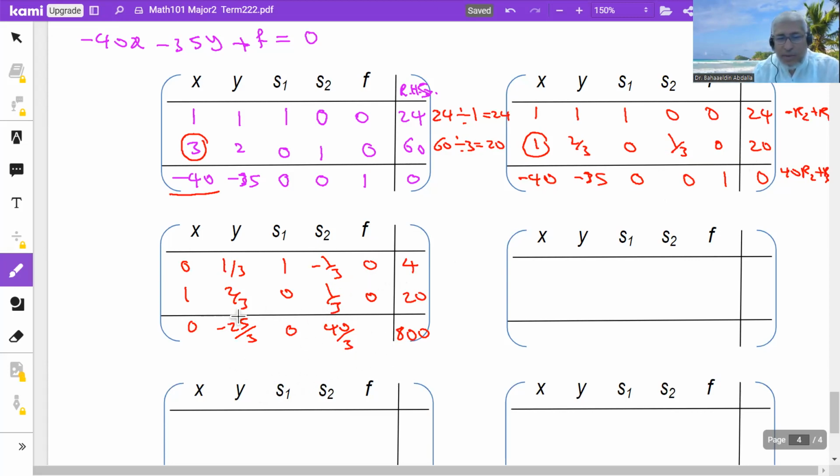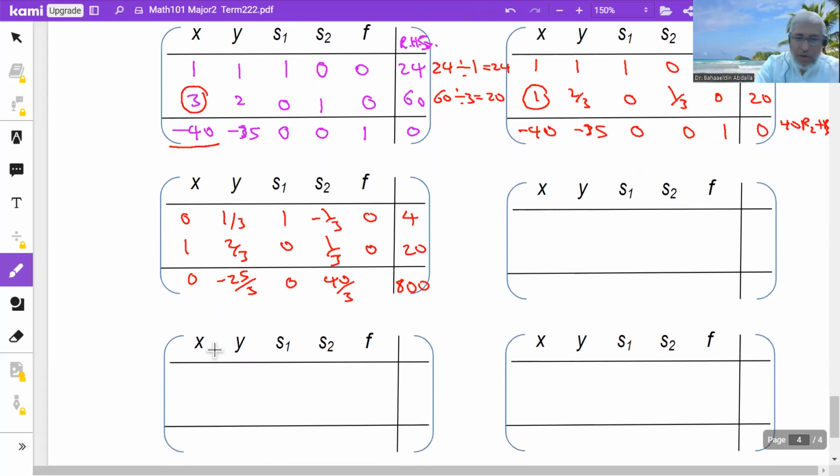Now, these numbers here in the last row should be all positive for the process to stop. But I still have a negative here. There is only one negative. So I divide 40 divided by 1 over 3, that's 12.